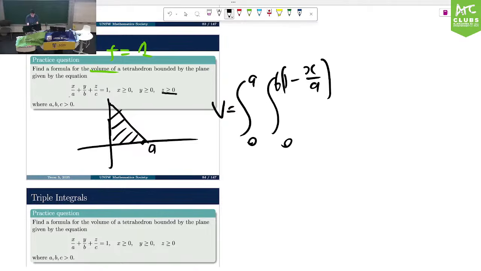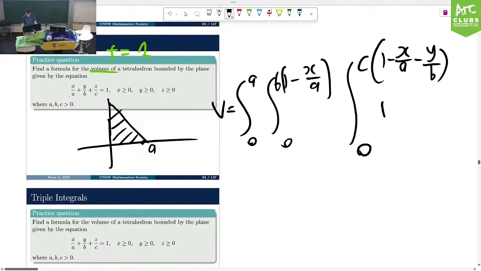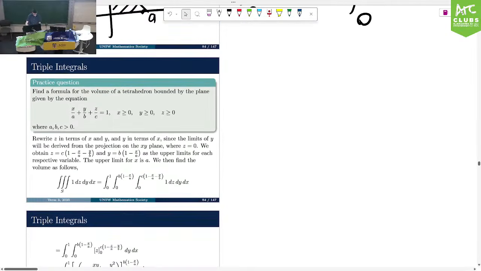We want z to be greater than or equal to 0, so that's our lower bound at the very least, so 0. And then it will depend on what x and y are. We can rearrange this equation to find z in terms of x and y, which would be c times (1 minus x over a minus y over b), then 1 dz dy dx. Okay, so I'm just going to check that's correct first of all.